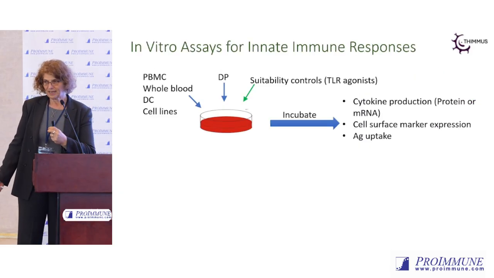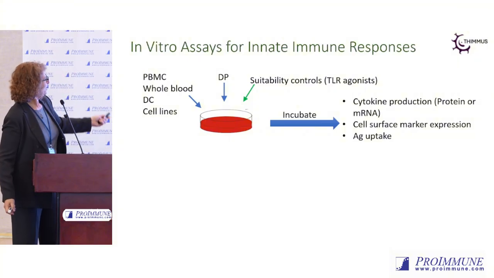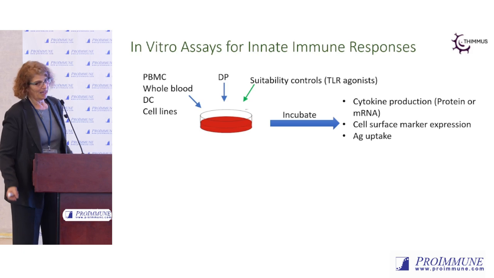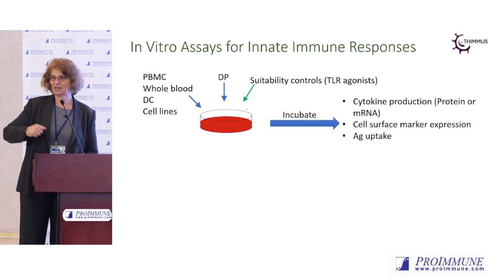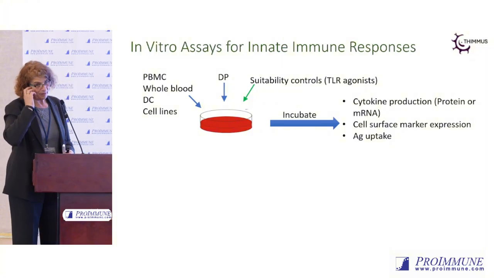And these assays, I've put them all in a big bucket, right? You have assays that are based on PBMCs, on whole blood, on dendritic cells, on cell lines. Basically, you take your cells, you put your product in, and then you see what gives. It can be cytokines, it can be CD markers, it can be antigen uptake.